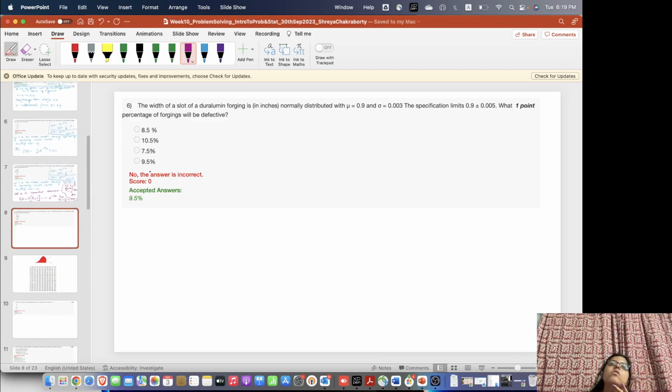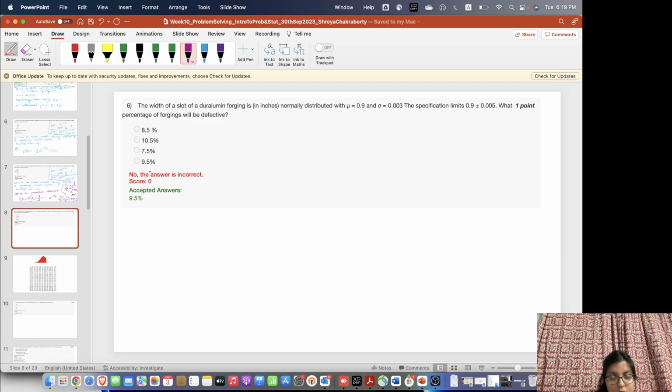Alright, so here they are saying the width of a slot of a duralumin forging is in inches, normally distributed with mu equal to 0.9 and sigma equal to 0.003. The specification limits are 0.9 plus minus 0.005.